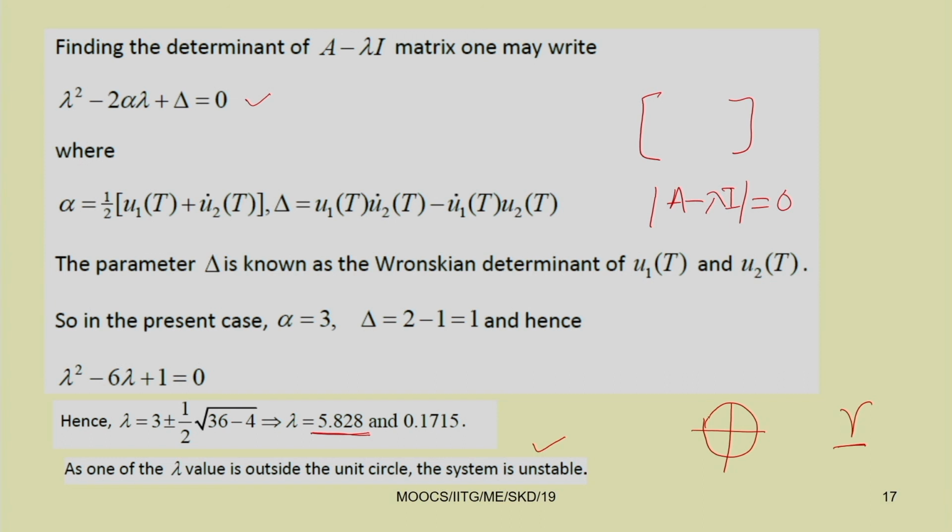Here we have to find the value of the system parameter for which the system moves from a stable state to an unstable state. This will give rise to a boundary for different system parameters. For example, in this case for epsilon and omega, if you want to plot, you can get a boundary.